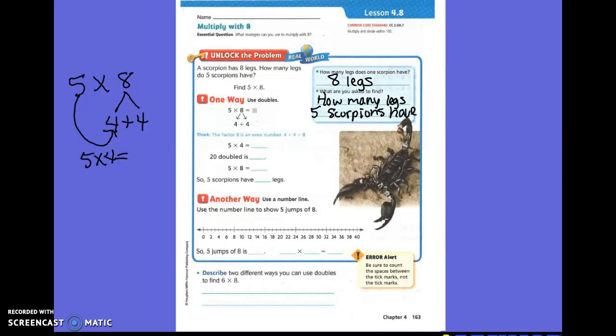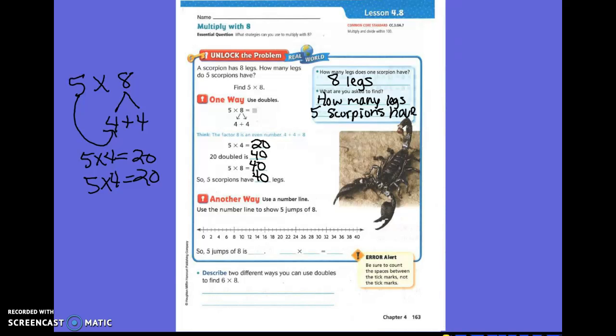What is 5 times 4, guys? 20. And then you'd be doing it again, which is 2 20s. 20 doubled is 40. So 5 times 8 is 40. So 5 scorpions have how many legs? 40.